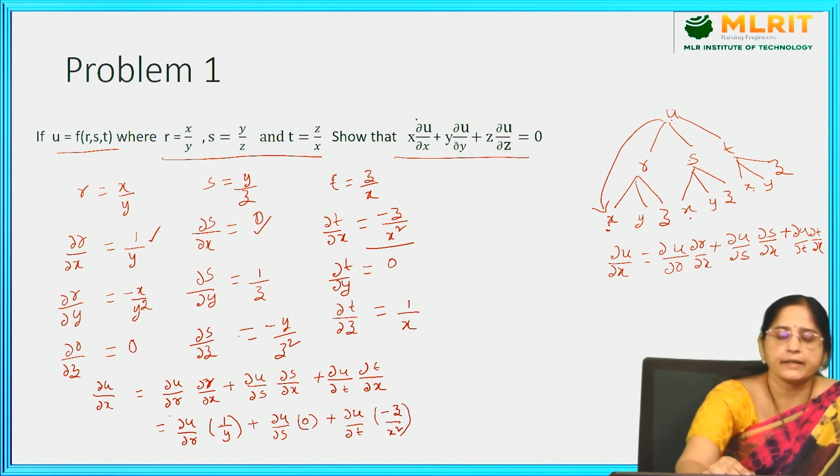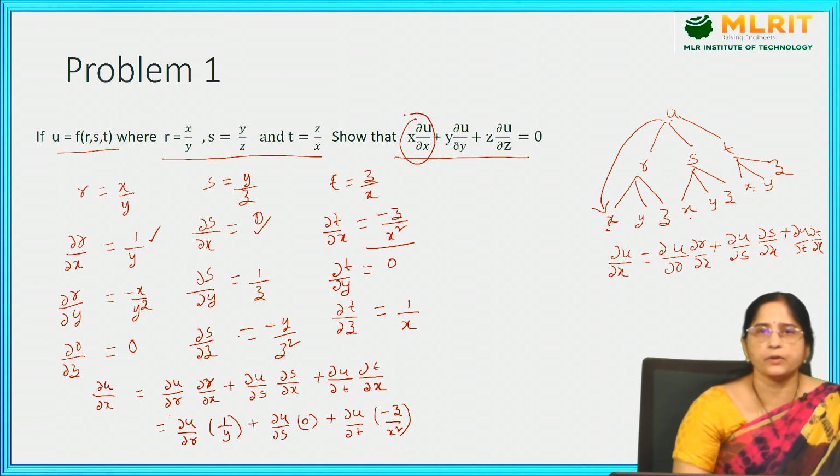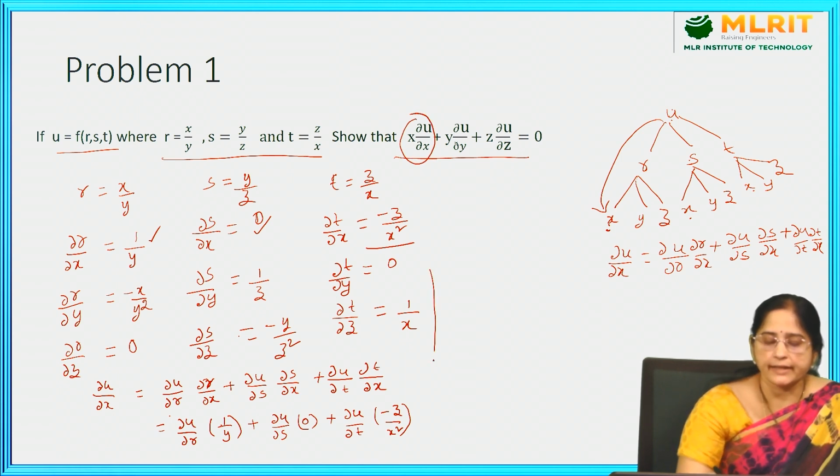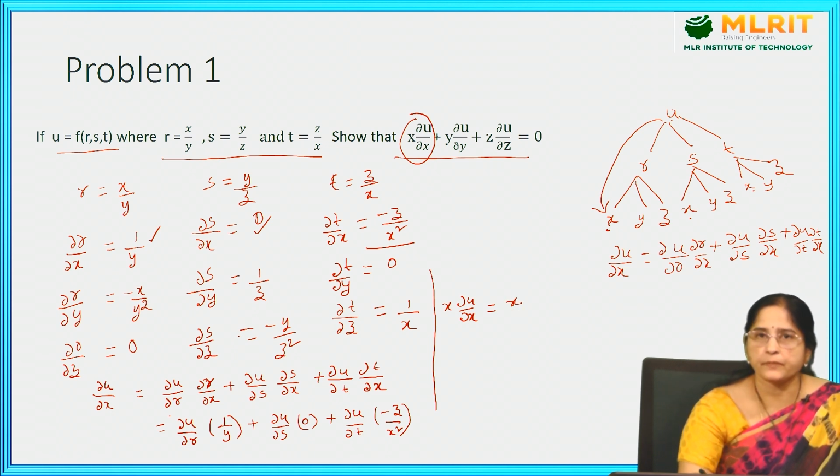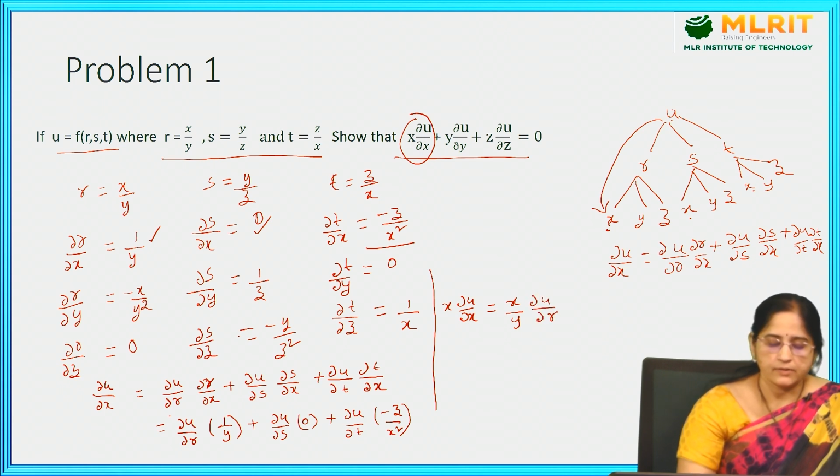Here we need x into dou u by dou x. That's why calculate x into dou u by dou x. X into dou u by dou x equal to, we can multiply this with x: x by y into dou u by dou r. So here this is 0 into anything is 0.